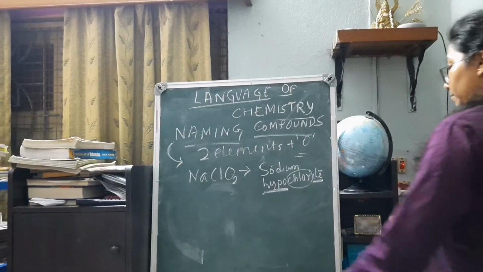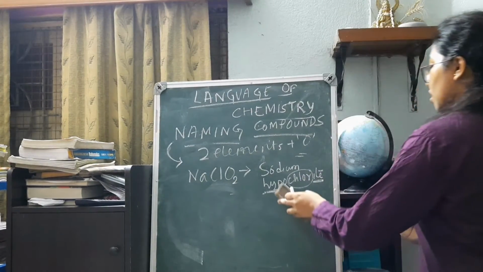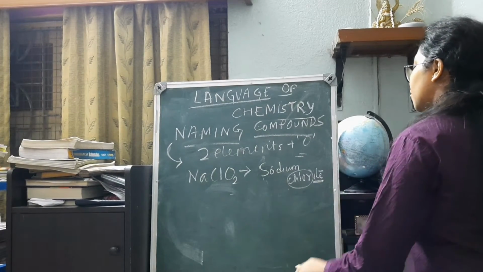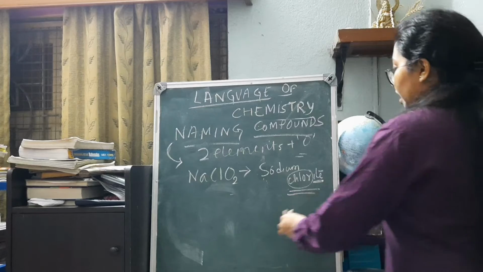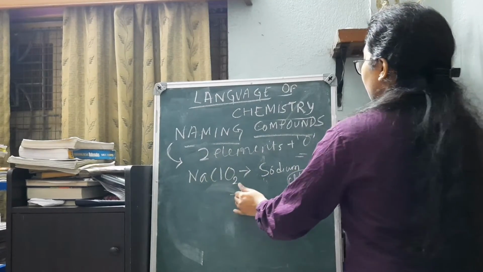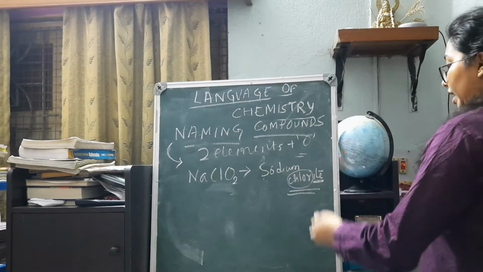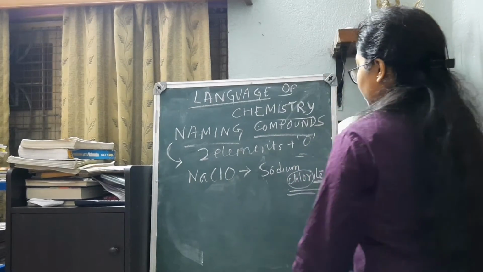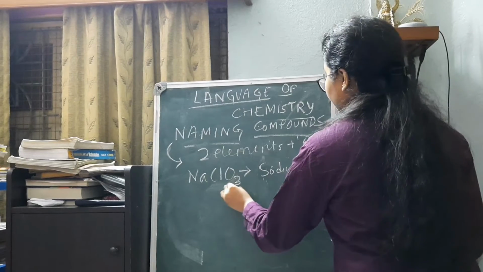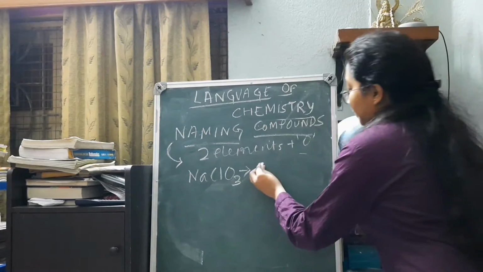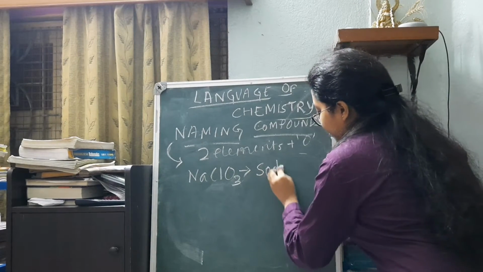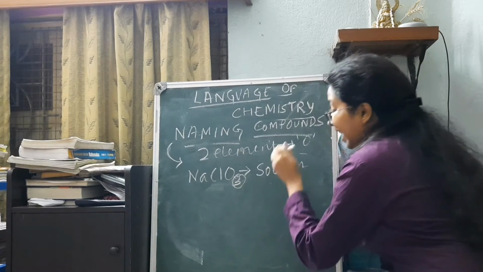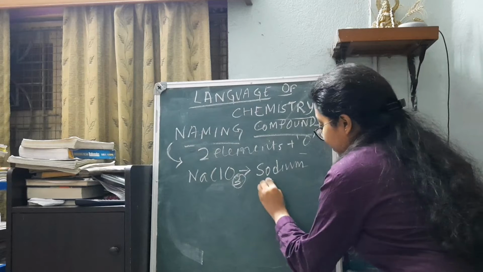Then the next one, two oxygen atoms. So the hypo gets removed. With two oxygen atoms, we call it sodium chlorite, ClO2. If it is NaBrO2, sodium bromite. Now, this one, with 3 oxygen atoms, the suffix is ATE.